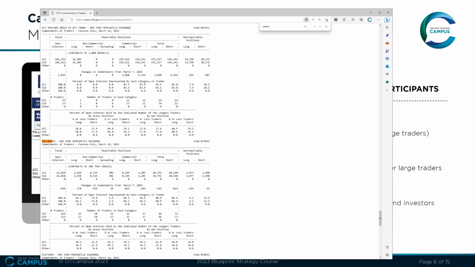Then the non-commercials, these commodity funds and other large traders, at this time were long roughly 2,000 contracts and short 8,700 contracts. And then the general public, the retail trader, the non-reportables, are long 1,000 contracts and short 1,500 contracts. So how would we now display this within a chart?